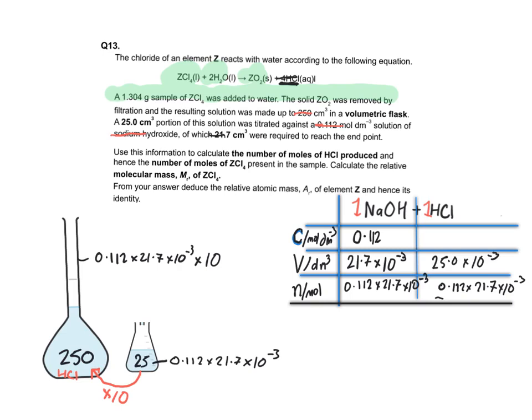And if we go to our chemical reaction, we know that for every one ZCl4, we have 4 moles of HCl.